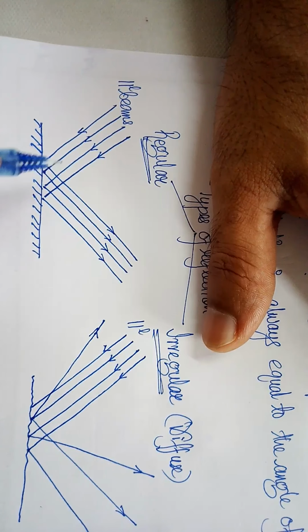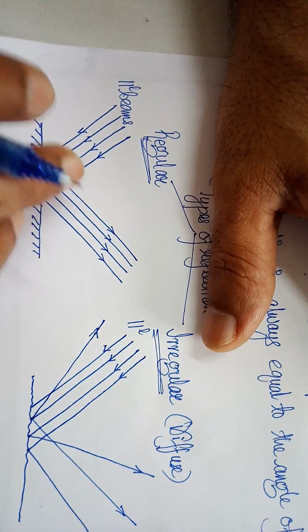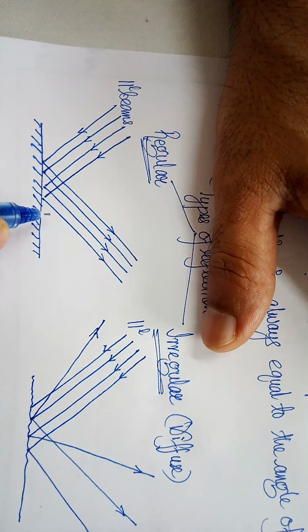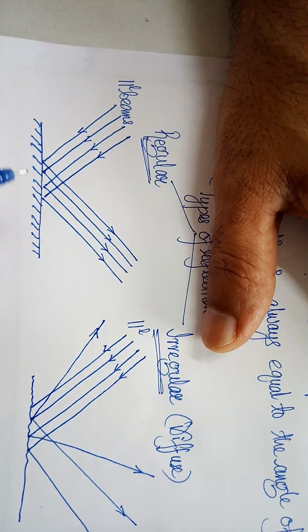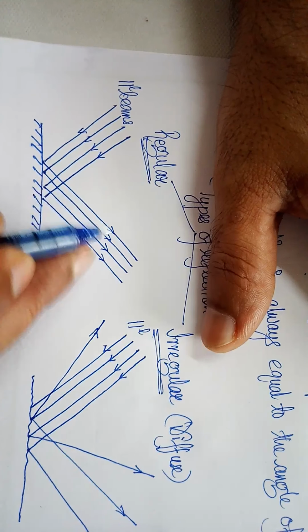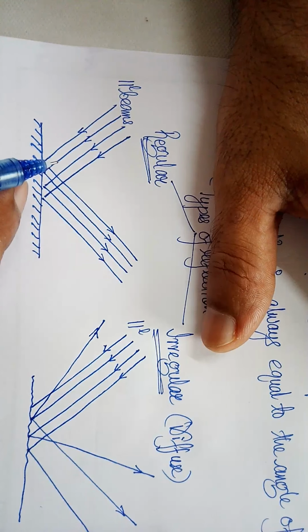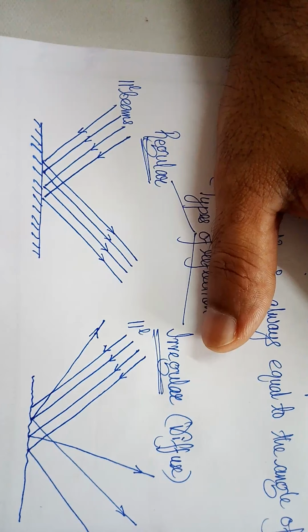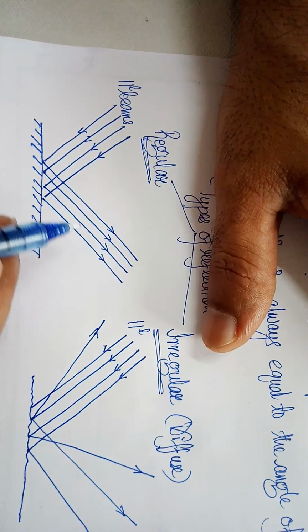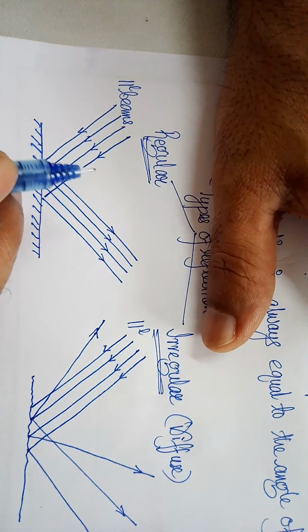When the light beam falls on this surface, the angle of incidence will be the same as the angle of reflection, and the parallel light rays will go parallel again, and the reflected rays and the incident rays will be parallel.